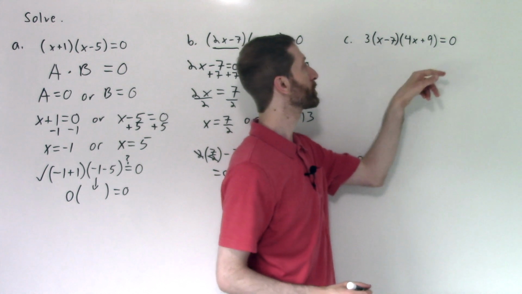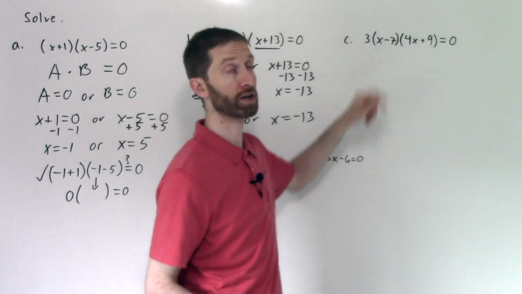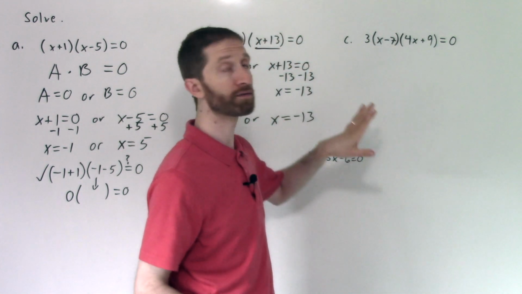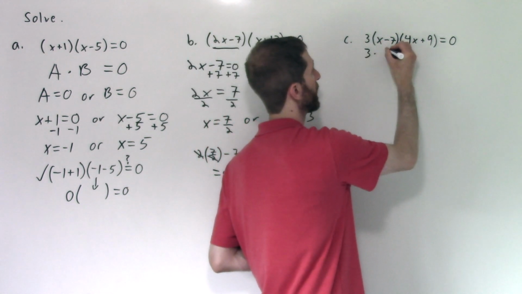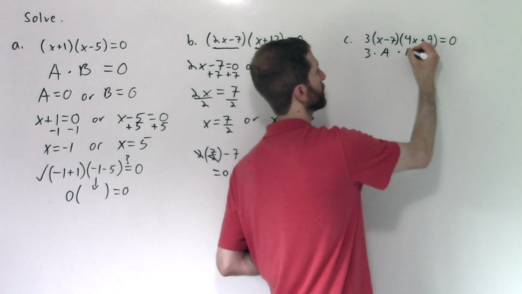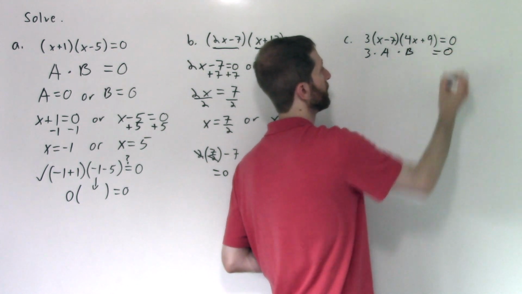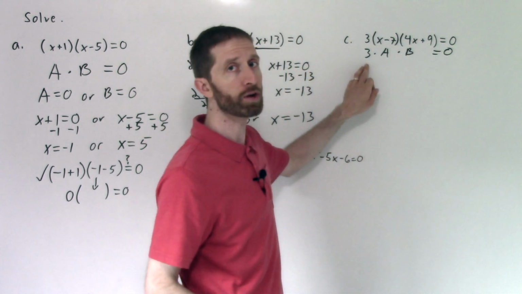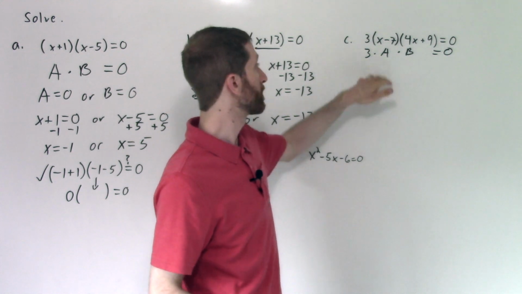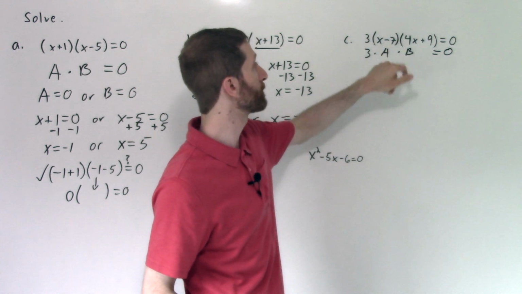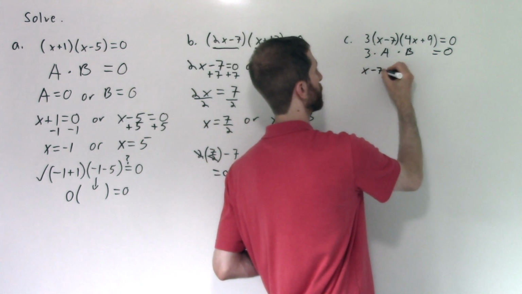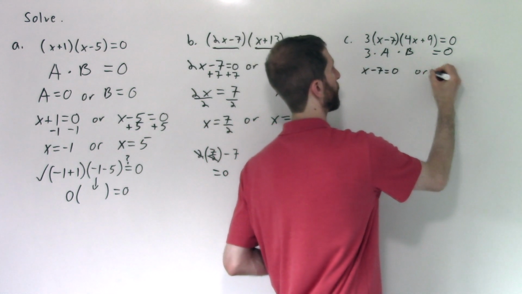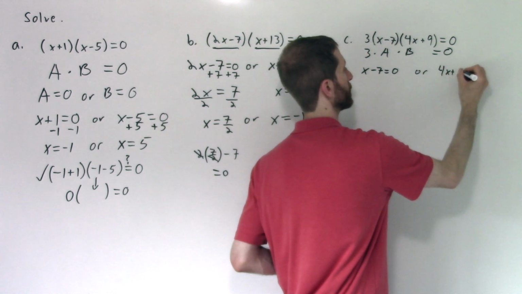Okay, so this one here, I added in a little coefficient on the outside: 3(x - 7)(4x + 9) = 0. Now that 3 doesn't factor in because even though you have a product of, basically it's like 3 times (x minus 7) is a, (4x plus 9) is b, equals 0, the 3 can't equal 0. It's 3. So the only things you're setting equal to 0 are x minus 7 and 4x plus 9. So you have x minus 7 equals 0 or 4x plus 9 equals 0.